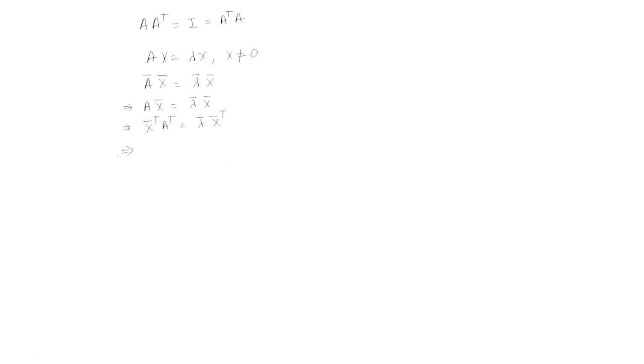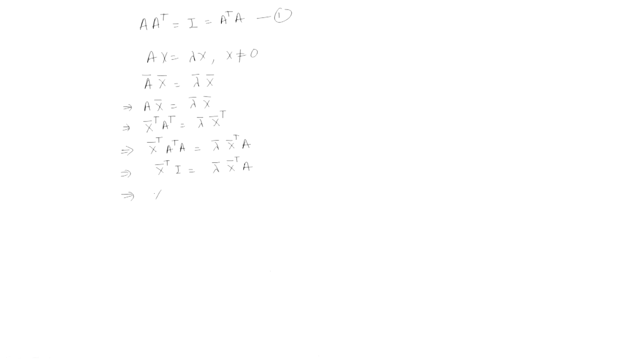Now multiply both sides by matrix A, post multiplication, and you get this expression. A transpose A from expression 1 is identity. So x bar transpose identity is equal to lambda bar x bar transpose A. Now again post multiply both sides by vector x.